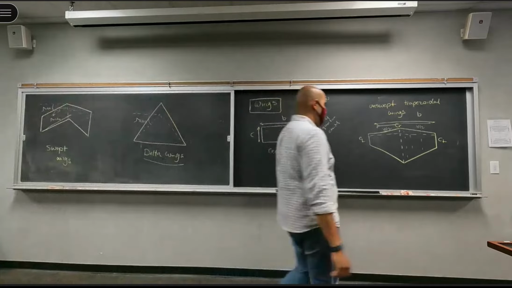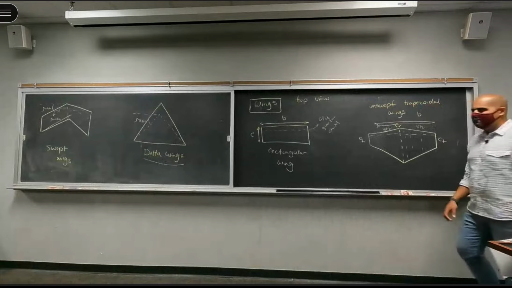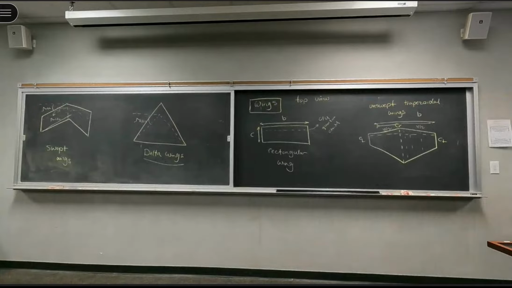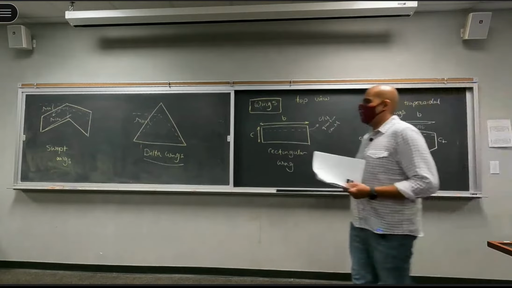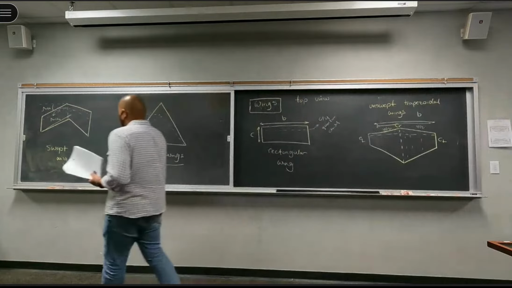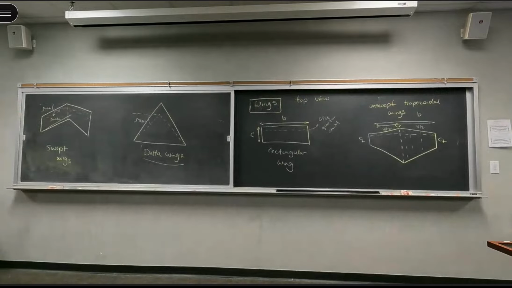Okay, so we start with a very simple type of wing, and then we increase the complexity. The first half of this class, we will have a discussion about the different types of these wings, what are the different flight characteristics that are attributed to these different types of wings, and different parameters that are important here.